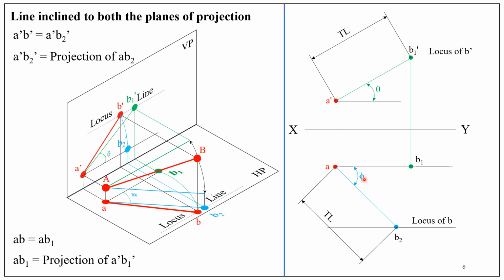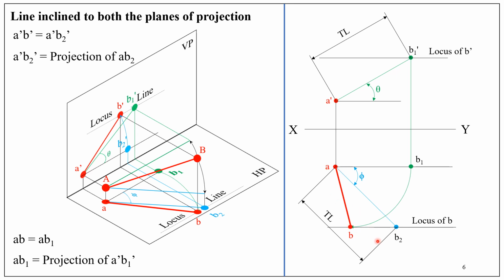Therefore, what we can do is fix A as center and AB1 as radius, draw an arc until it cuts the locus of B, and that point is B. Now B is located here. We can join AB. So this completes the top view.